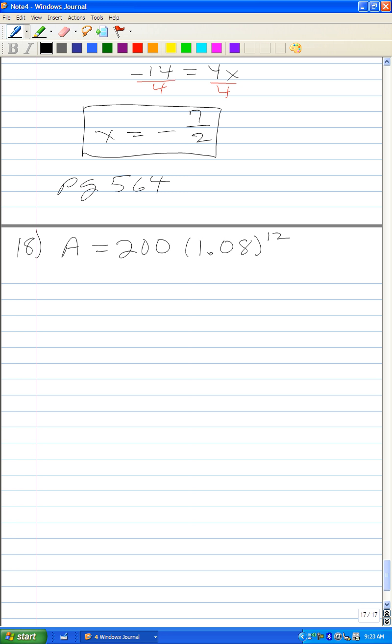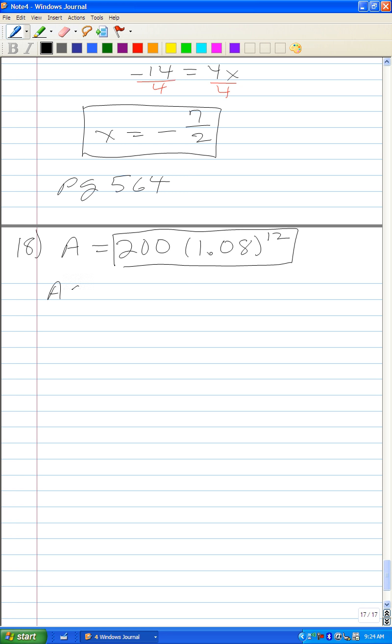And so let's multiply this out. 200 times 1.08 to the power 12 is 503. Well, this is your answer.